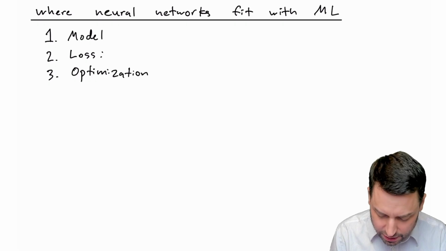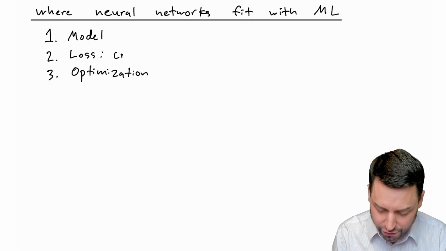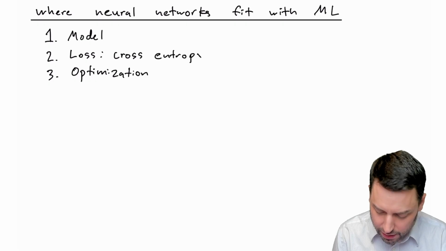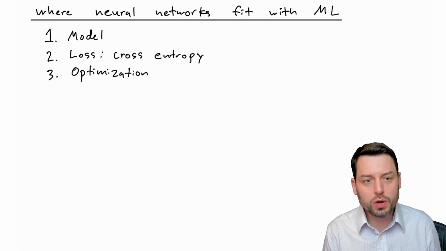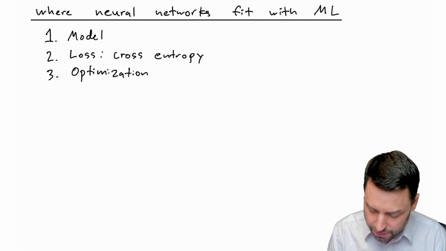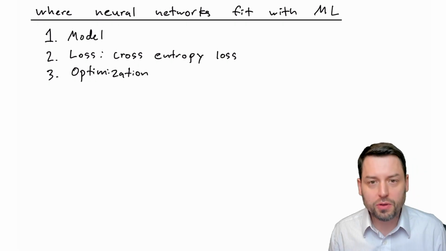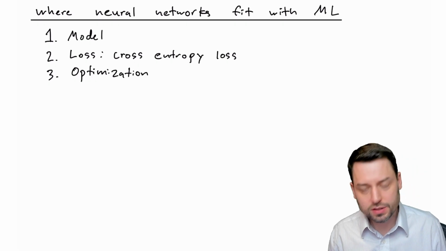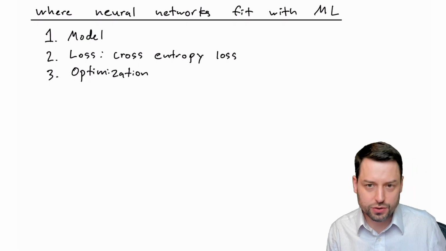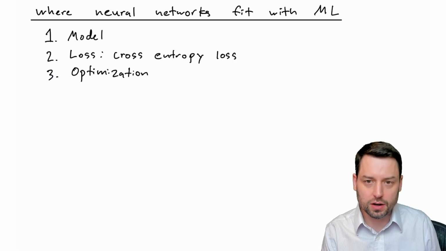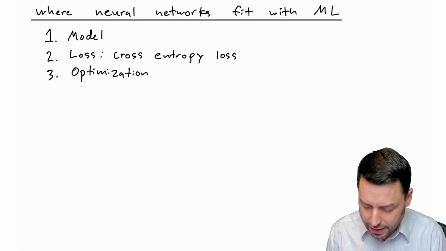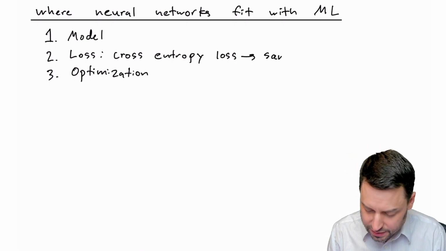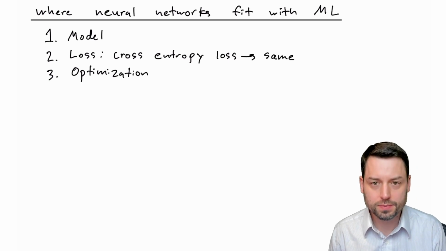The loss that we used was the cross-entropy loss function. And when we start talking about doing machine learning with neural networks, we end up using the same cross-entropy loss. This is true certainly for things like large language models: we're going to use the same cross-entropy loss to train our model.